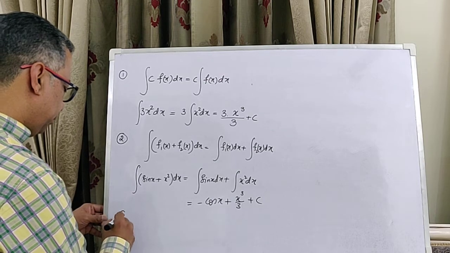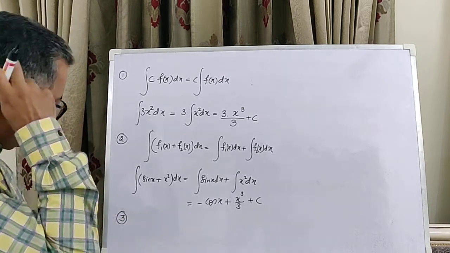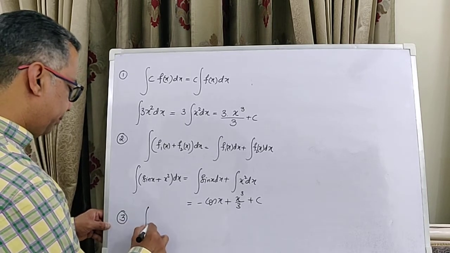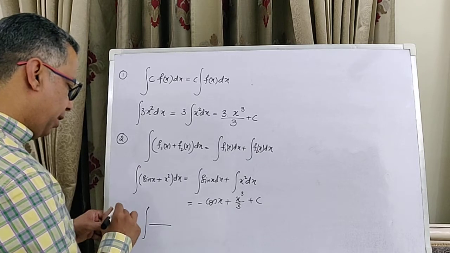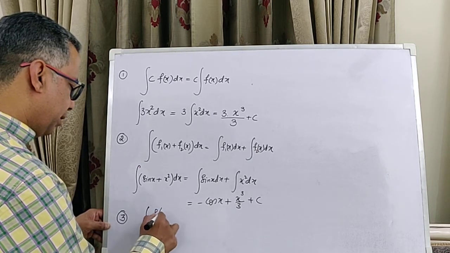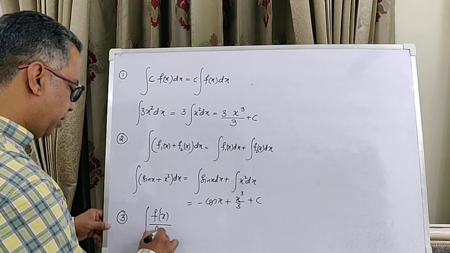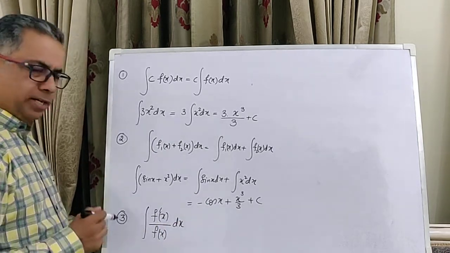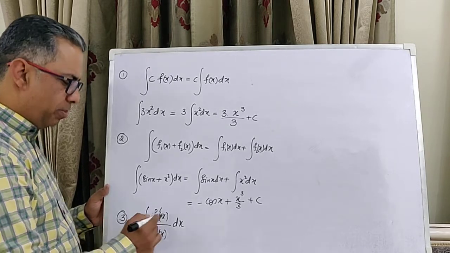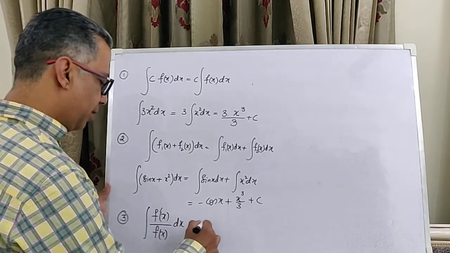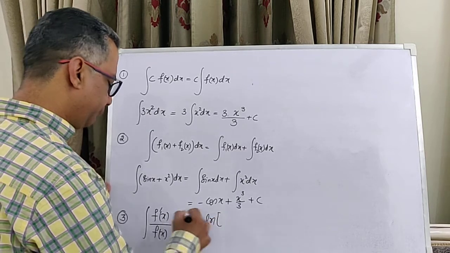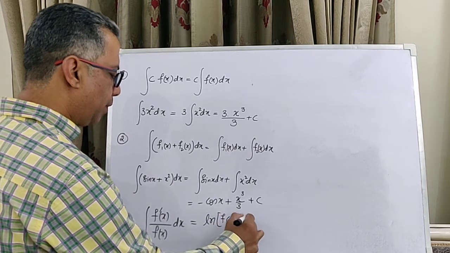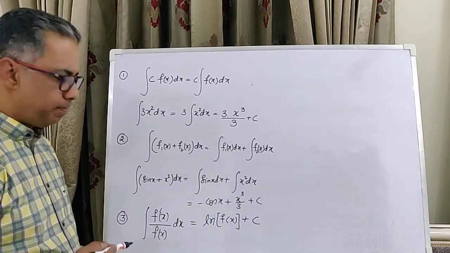The next technique we use in integration is when you have an integration where the numerator is the derivative of the denominator. Whenever the numerator is a derivative of the denominator, the final result is natural log of the denominator plus the unknown constant c.